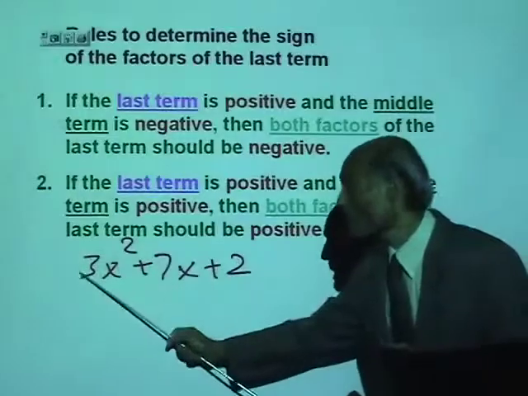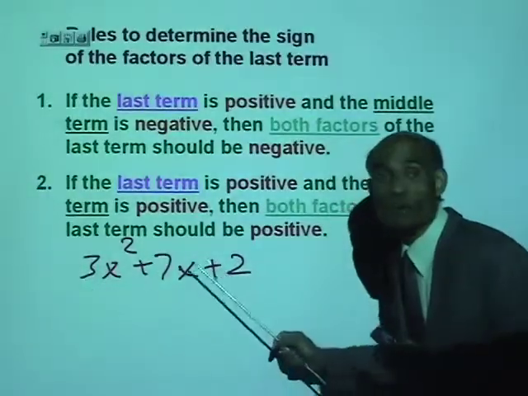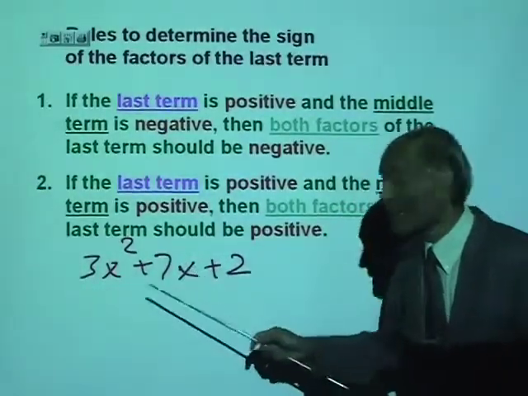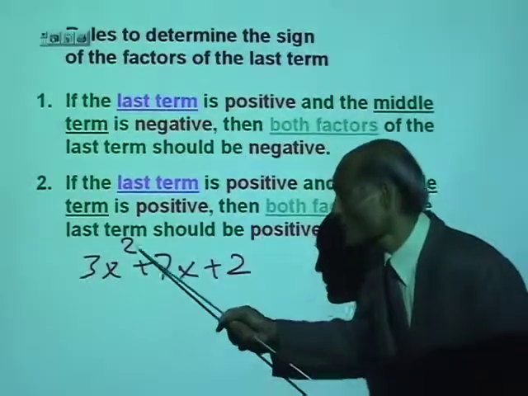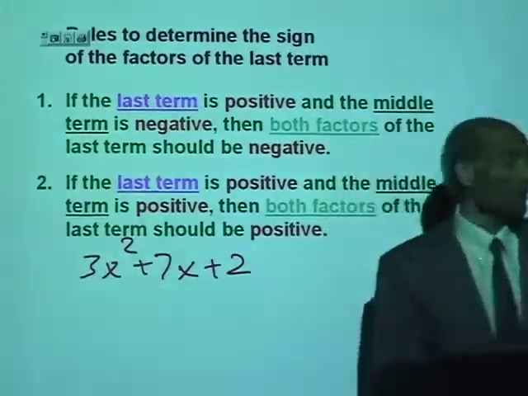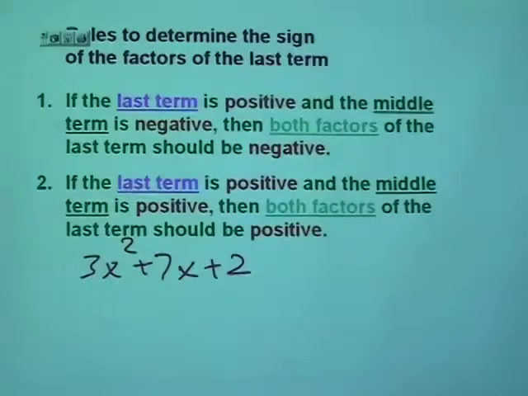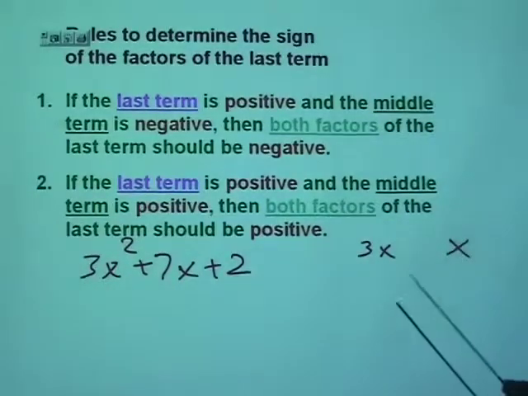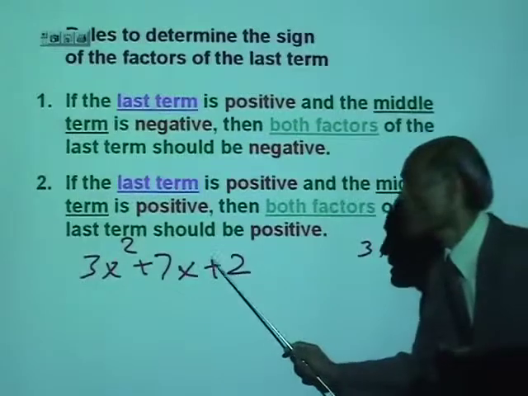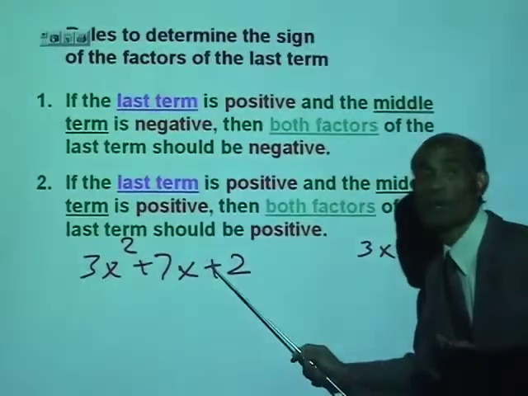Alright, can we practice using this or how to factor this? Now, factor the first term, 3x squared. Can you factor the first term? 3x squared is 3x times x. So I wrote 3x and x side by side. Alright, how do we factor the last term?